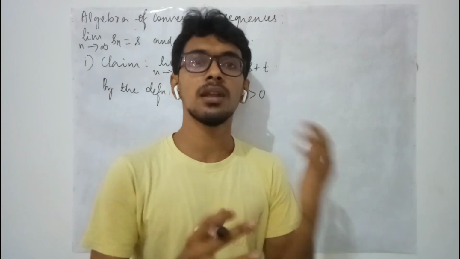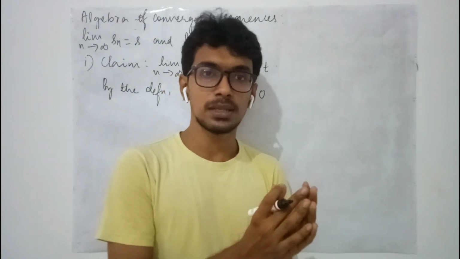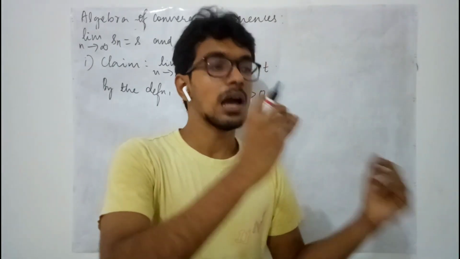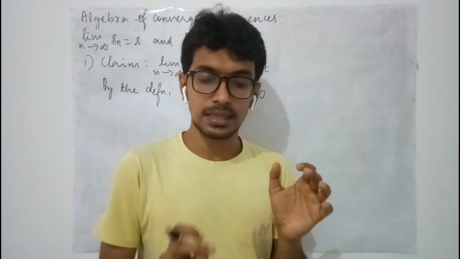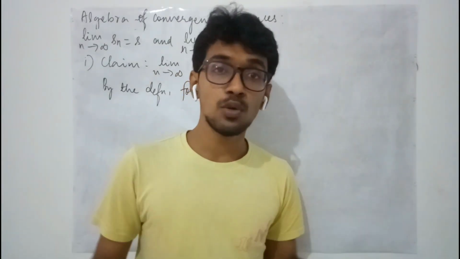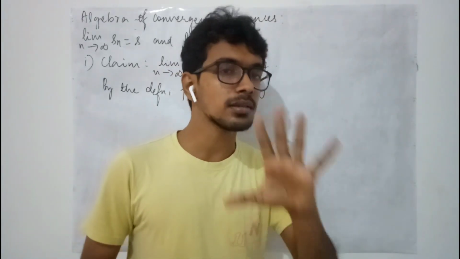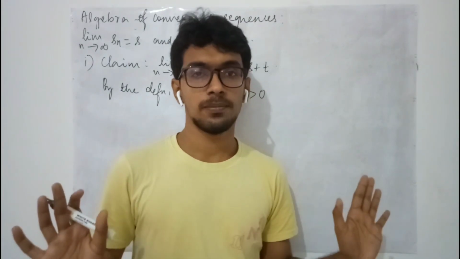It may be some combination of epsilon, simply epsilon square, epsilon upon 10, epsilon by 4 plus epsilon square plus epsilon cube. Any such value may be there. It has to be some positive quantity, and very, very small.